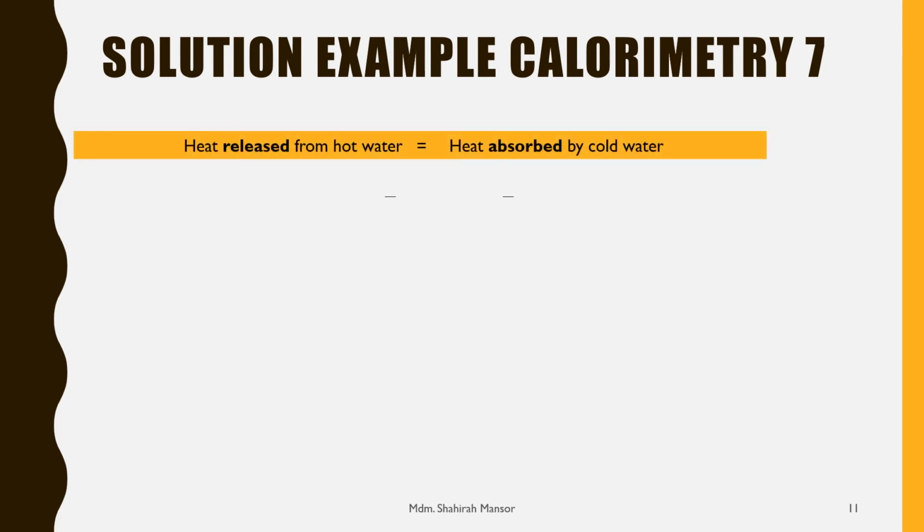So by using the same concept di sini, maka kita akan gunakan this formula. Okay, so untuk hot water, the final temperature kita tak tahu. Ini adalah temperature after we mix both hot dan juga cold water. But initial temperature of hot water kita tahu. Okay, 60 degrees Celsius. Dan untuk cold water just now, again, T final after mix kita tak tahu.